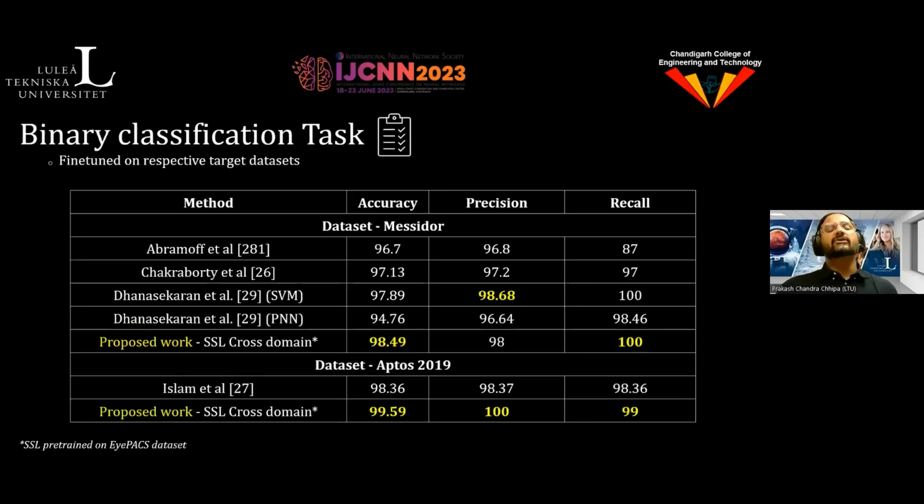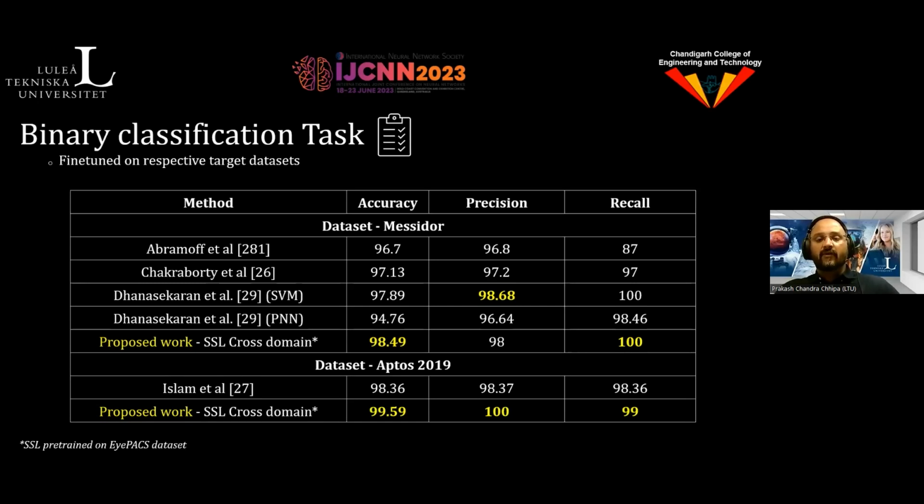Now we come to the actual result part. The first is the binary classification task, where we compare the result with the previous work. In this table, we have several previous works compared with our work, and we have 3 different metrics: accuracy, precision, and recall.